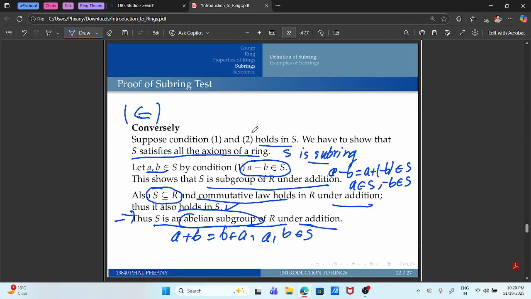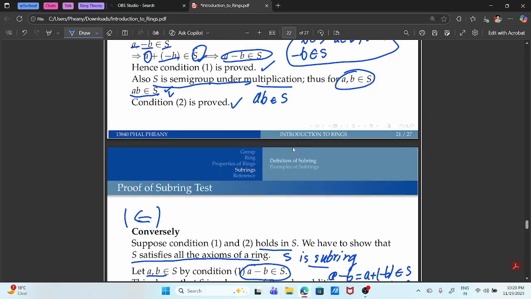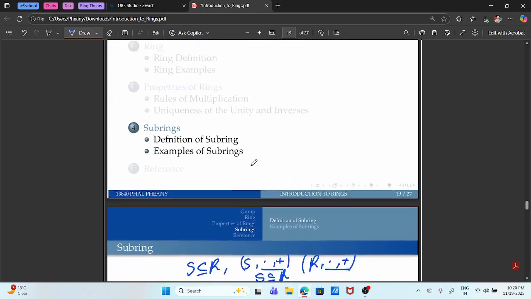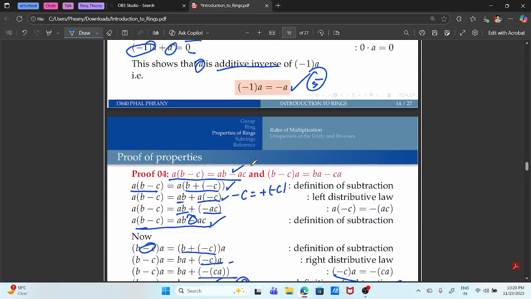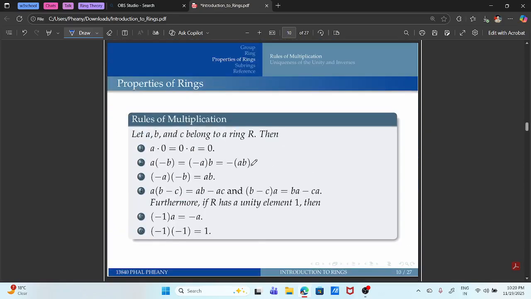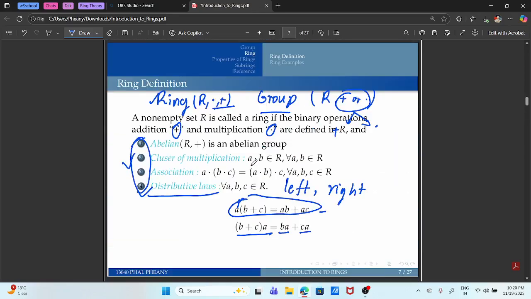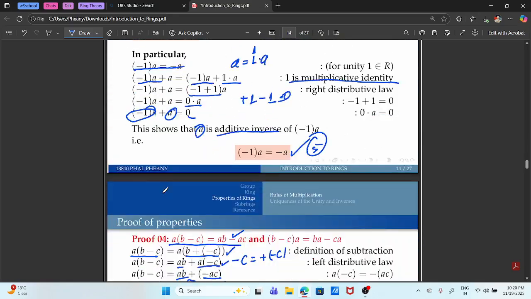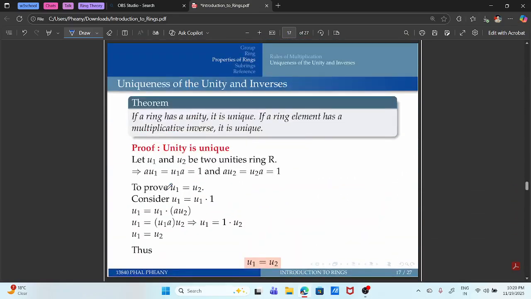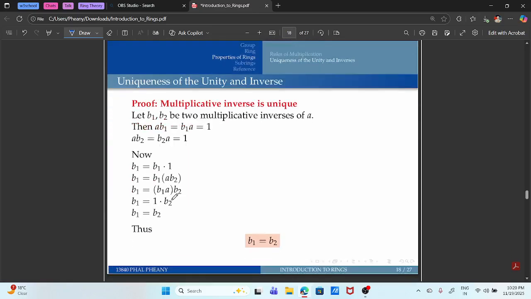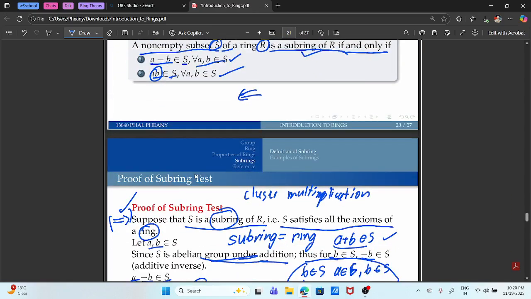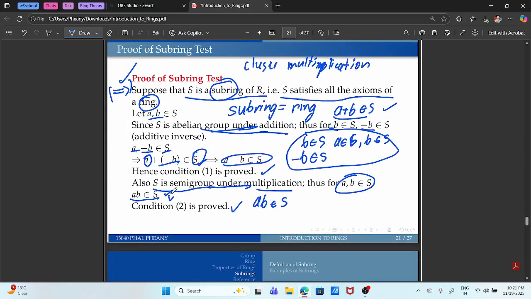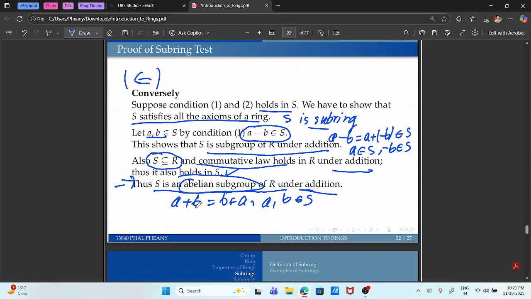Do you remember our definition of ring? One important part is that it has to hold some properties.